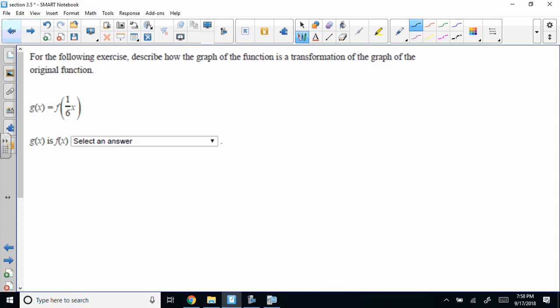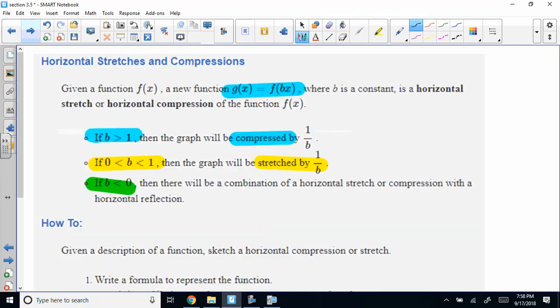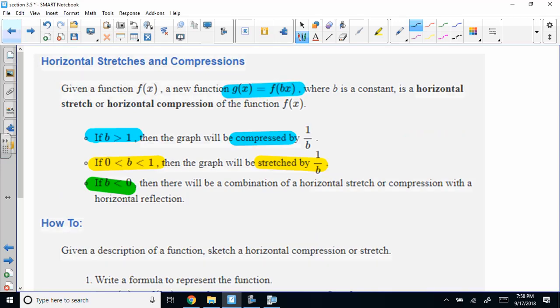Let's go back. All right. No, you're right. You're right. Yeah. It's 1 over B, and B, if B is, yeah. It's 1 over B. Compressed by 1 over B, right?